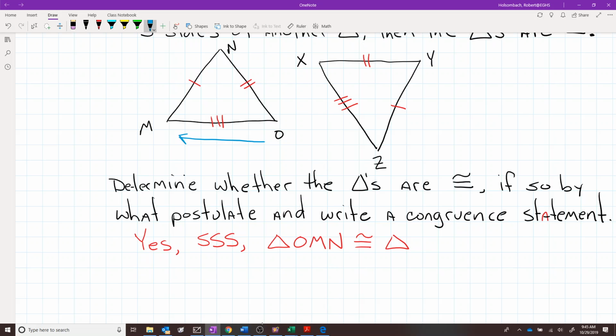You have to be consistent when you're naming the second triangle. You're going to go across the side with 3 tick marks, but you have to go towards the side that has 1 tick mark. So you have to go this direction.